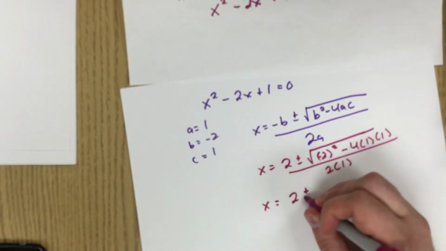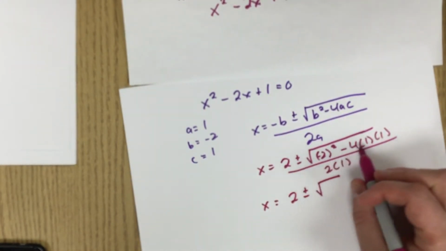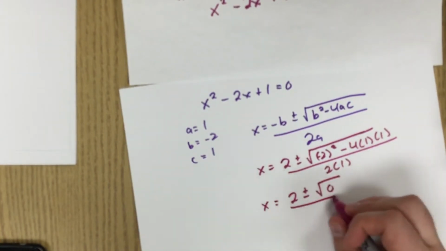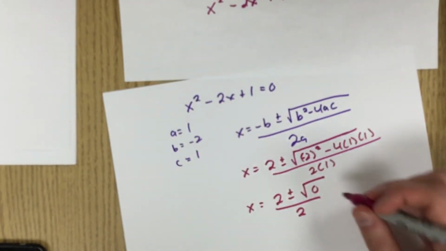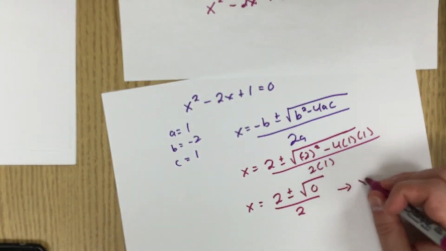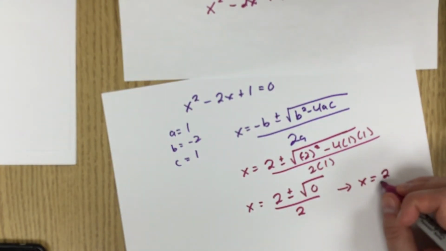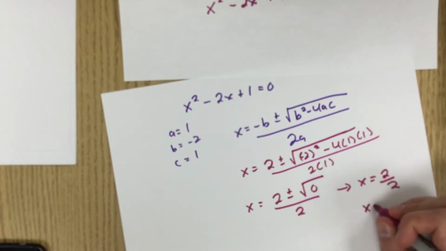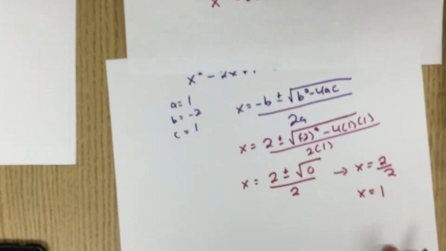So that's 2 plus or minus the square root of 4 minus 4, oh, that's 0, over 2. And adding that actually gives us the same answer either way. So x is going to be equal to 2 over 2, and x equals 1.